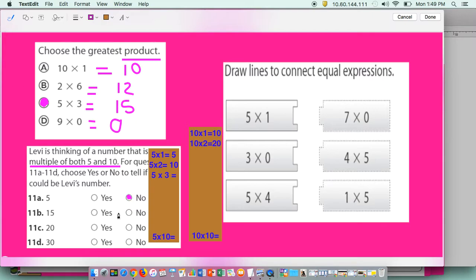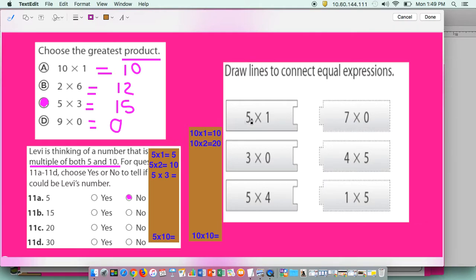All right, once you answer all the multiplications here for 5 and 10, you'll be able to answer all of these. For this one, we are going to connect to another multiplication expression that matches the product of this one.